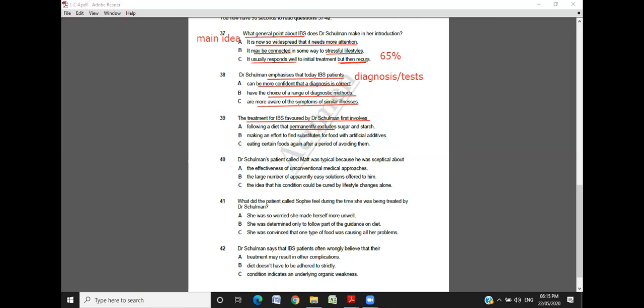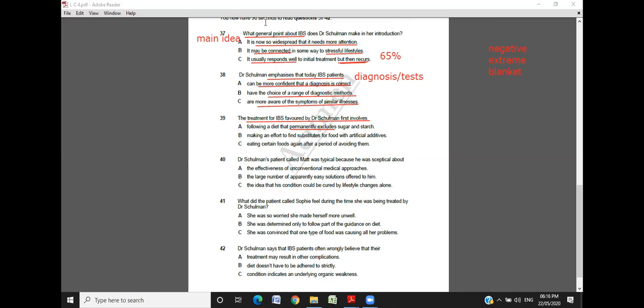Whenever you are looking at answer choices, be always sure that you are highlighting negative words, extreme words, and blanket words. So negatives, permanently exclude is extreme, that they can never ever take.